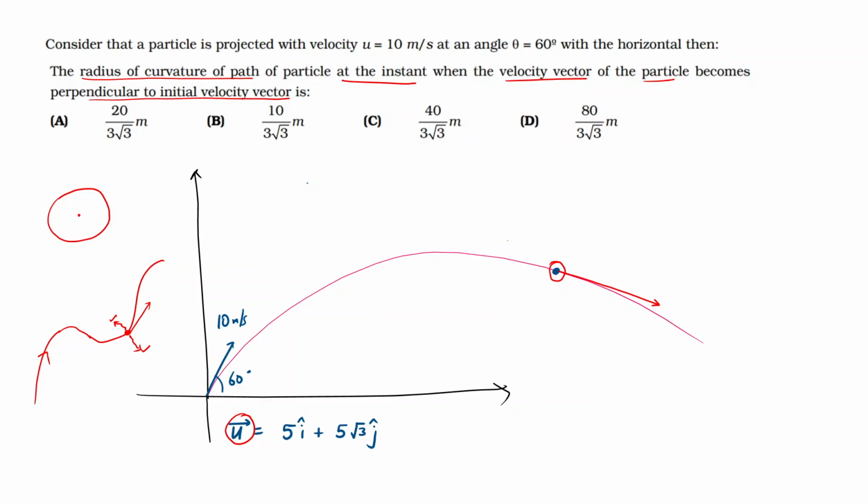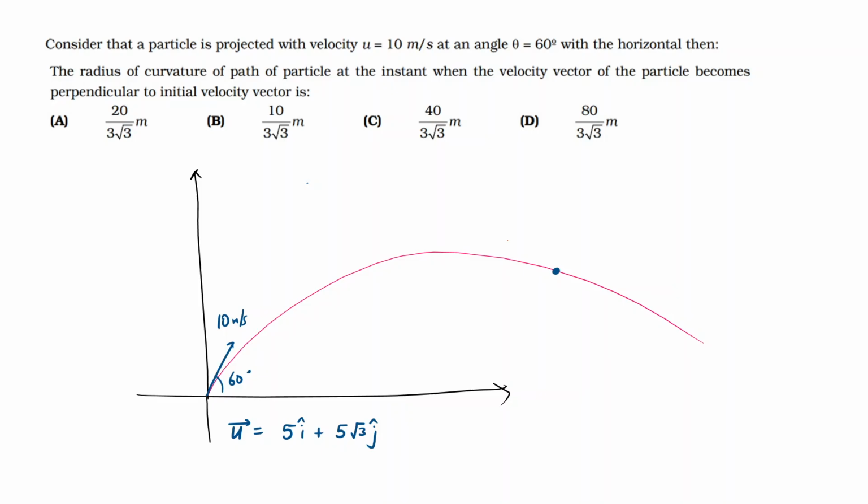So at this instant, the particle is going in this direction, tangential to the path, and if you move this u vector here, let's say this vector is v, you feel like they are getting perpendicular. So you have an idea when will the velocity get perpendicular.